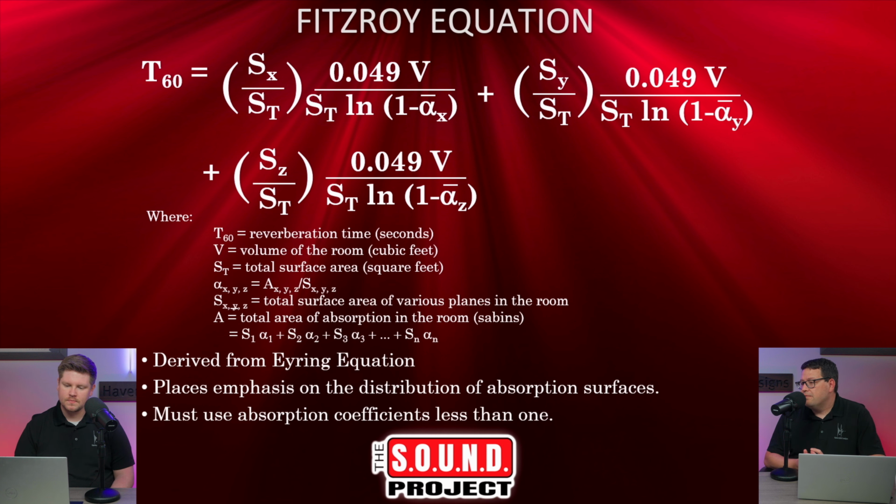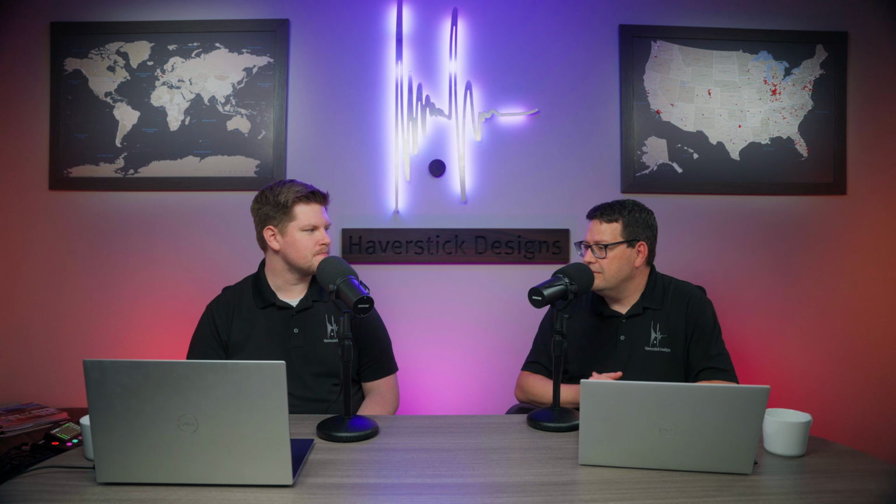One of the faults of the Sabin equation is that it doesn't matter which surface you put the absorption in or on, you're going to get the same value back. So that would assume that if you put 100% of one wall covered with absorption treatment, that room would sound the same as if you divided that up evenly on all four surfaces of the walls. And that's just not the case. Like, the room is going to sound different.